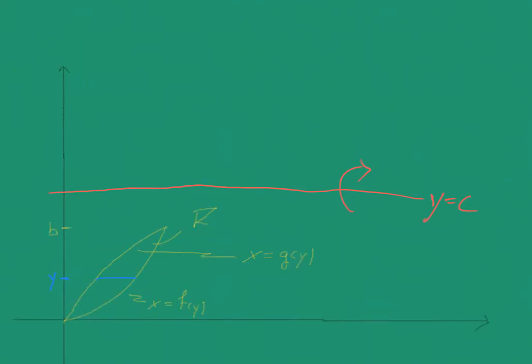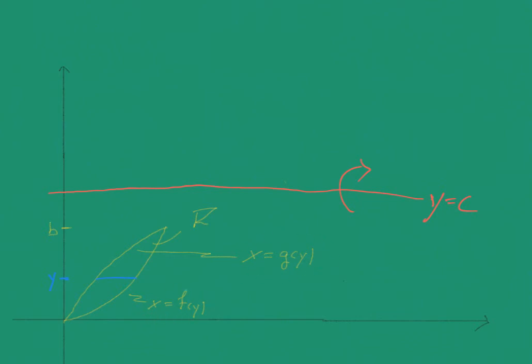Now finally, for our last case, we're going to assume that our region R, which as before is bounded by functions of y. So R is described in terms of functions of y.